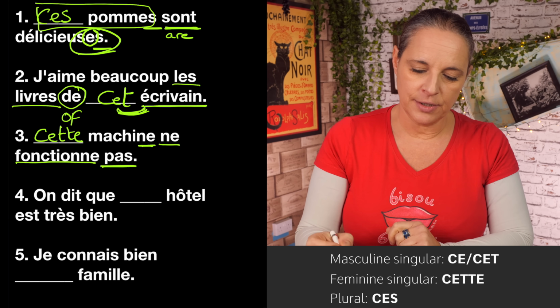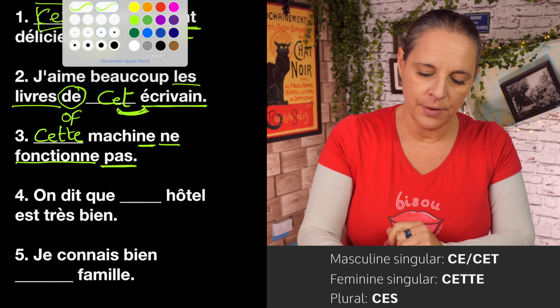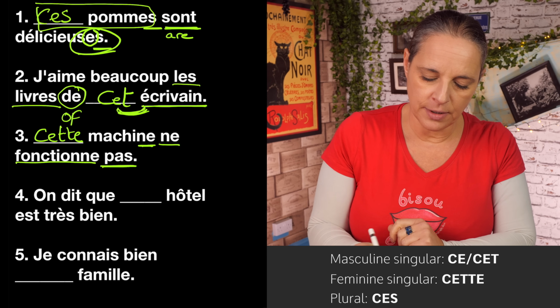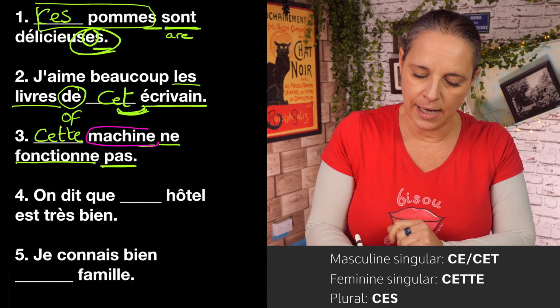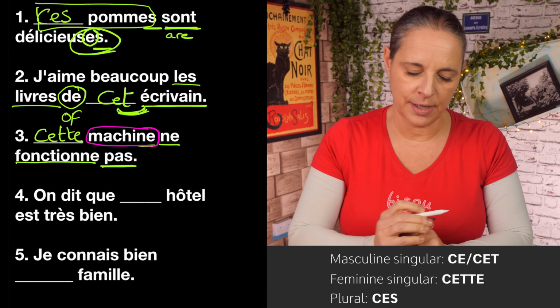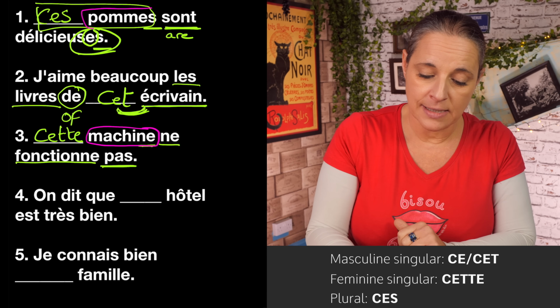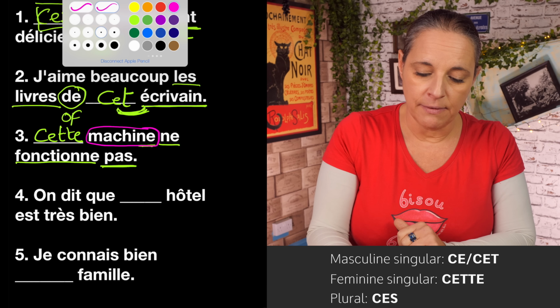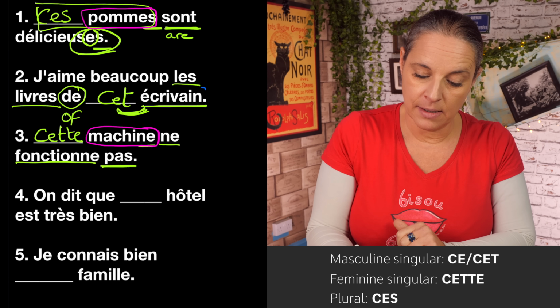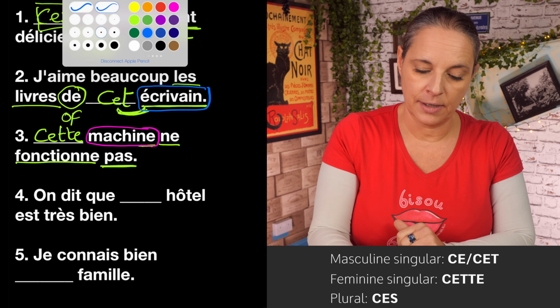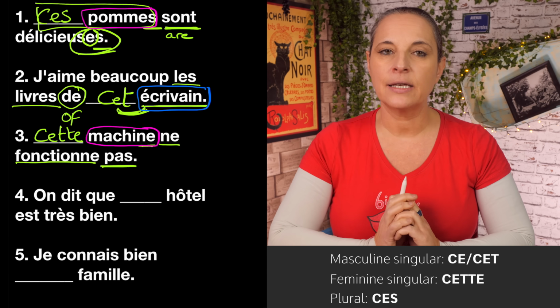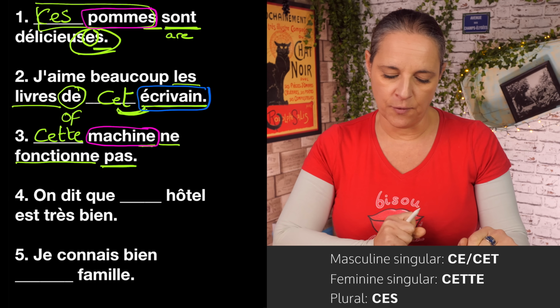Cette. So what I'm going to do here to help you is underline machine as feminine, and pomme as feminine as well. And the rest here is masculine, okay?